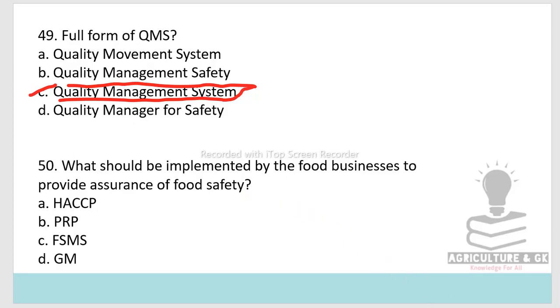So we have just seen the FSMS is Food Safety Management System. It is a systematic approach to control the food safety hazards within a food business. So that will ensure the quality of our food. So FSMS is the right answer. It should be implemented by the food businesses to provide assurance of food safety.